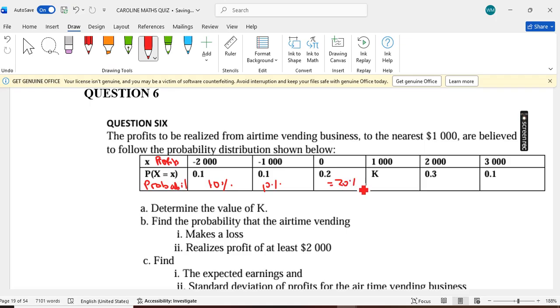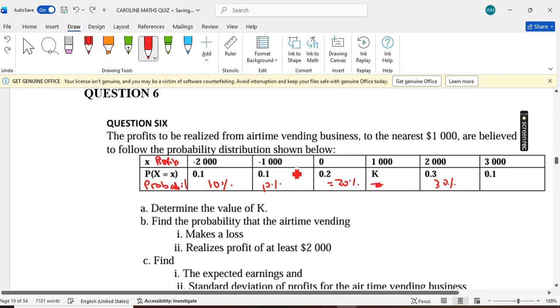The probability of making a profit of 1,000, we haven't got the values. Probability of making a profit of 2,000, 0.3, which is also 30%. The probability of making a profit of 3,000 is 10%.